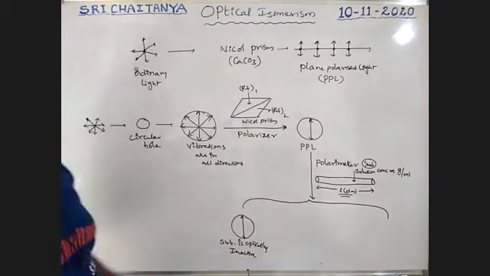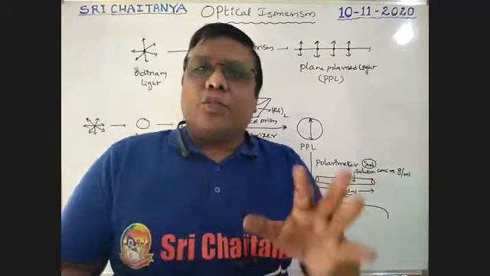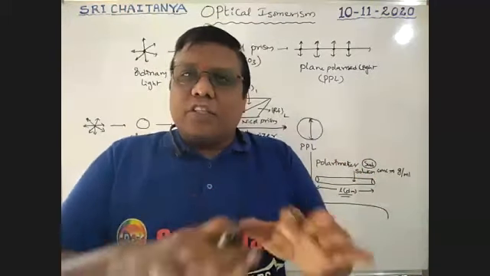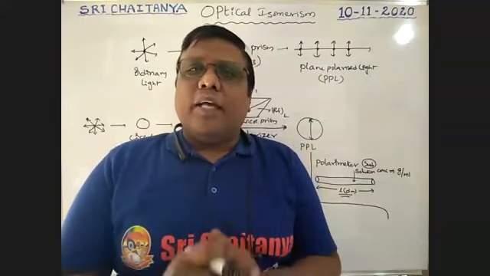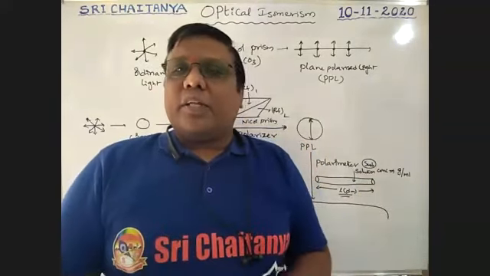When plane polarized light passes through a substance solution and is not rotated in any direction, and only comes out straight, that substance is called an optically inactive substance.